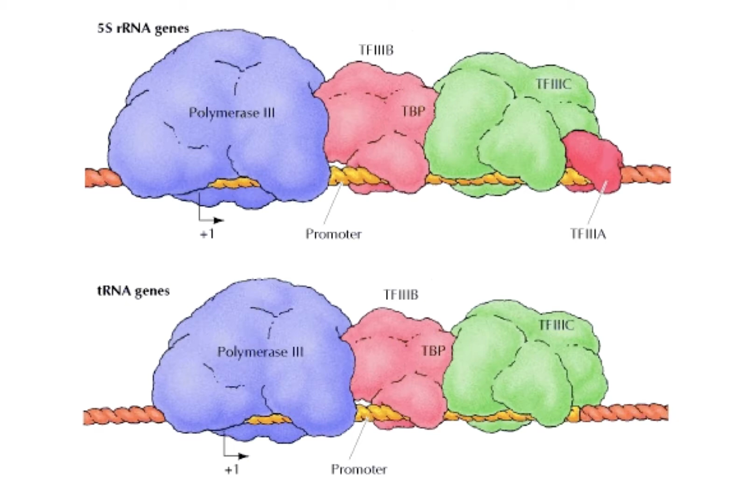Down here with the tRNAs, here's the TF3C that attaches to the A and B sites, and then TF3B with the TATA binding protein and RNA polymerase 3, and there's the +1, the first nucleotide that will be transcribed.